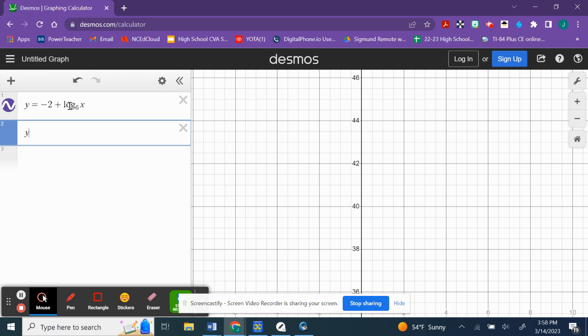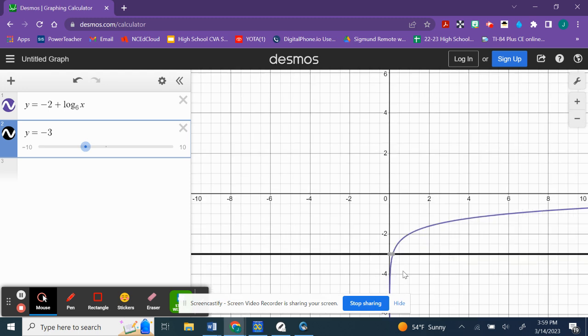And then y equals negative 3. And again, you can do f of x, you can do g of x, you can do functions. It just depends on what makes sense to you. So we have our log function here. We have our output here, and the intersection is 0.167. Boom. So solving is important, but you have backup plans.